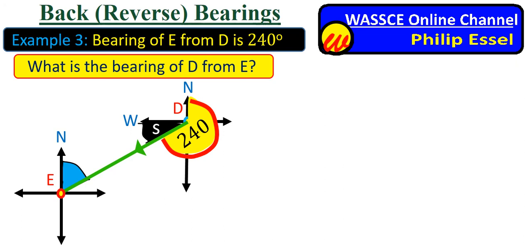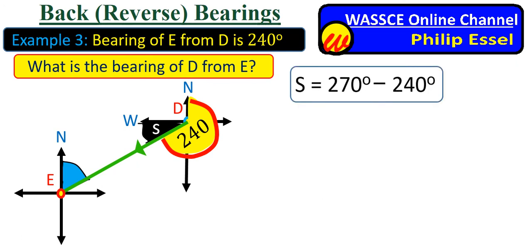Remember, when we move from the north pole to the west pole, we have moved an angle of 270 degrees. But when we move from the north pole to the green line, we have moved an angle of 240 degrees. So to find the value of the angle marked S, we will need to subtract 240 degrees from 270 degrees. So it's as simple as that.